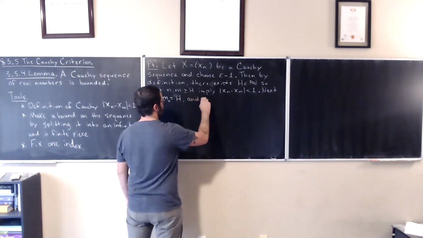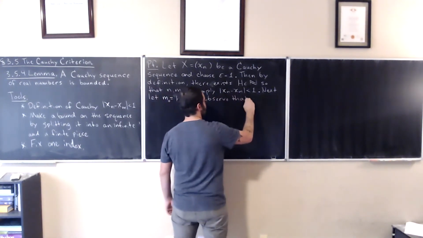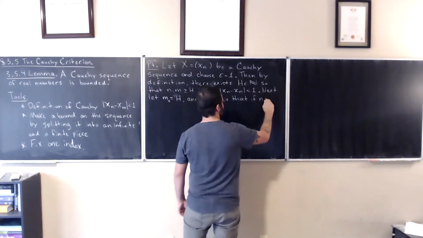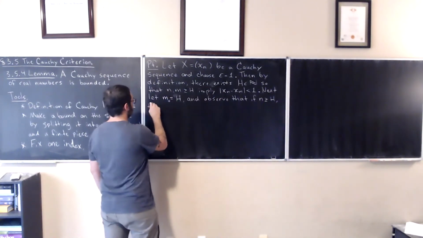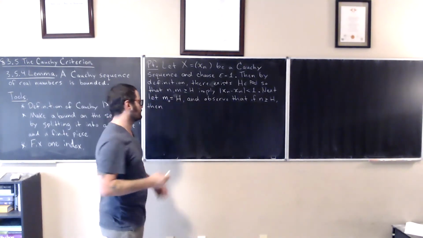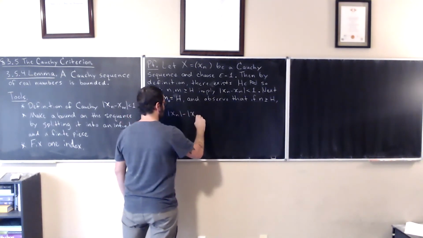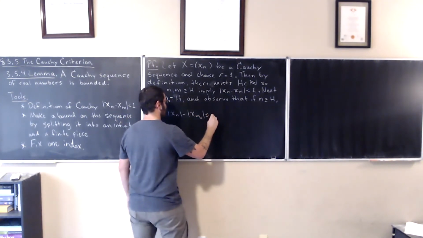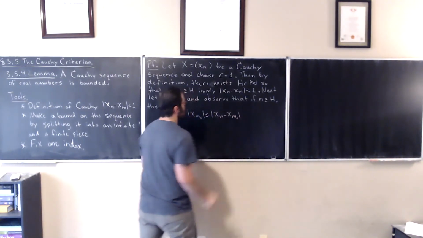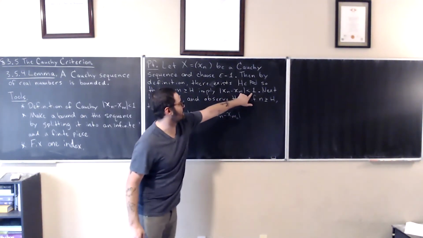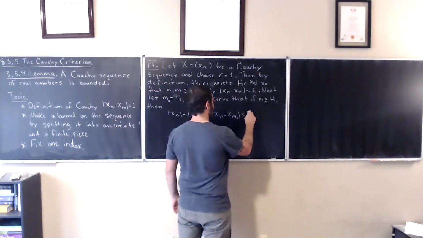And observe that if n is greater than or equal to h, then applying the reverse triangle inequality, and again m naught is equal to h, and since this is bounded above by 1 for all indices greater than or equal to h, I can write that this is at most 1.